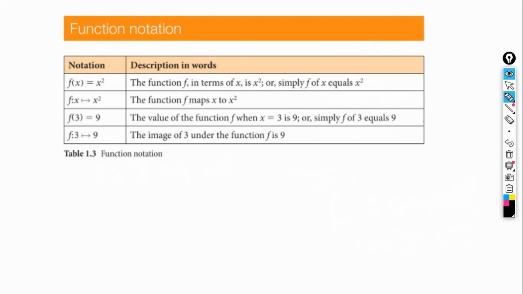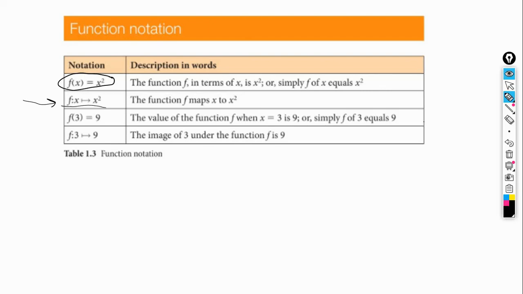In the next slide, you're going to see something called function notation. And basically what we have here is two different ways in which the IB refers to functions. The first one you're probably already familiar with, where we have something like f of x equals x squared. You could say the function f in terms of x is x squared. And this is maybe a little bit different or novel, but it's the same thing.